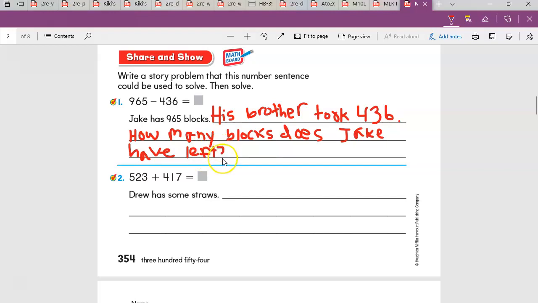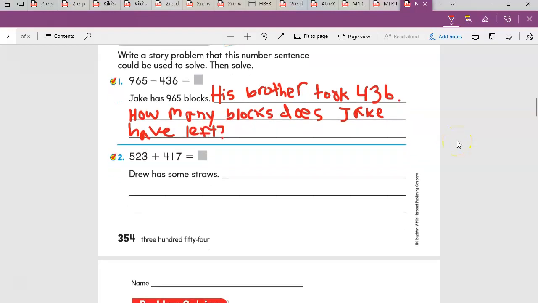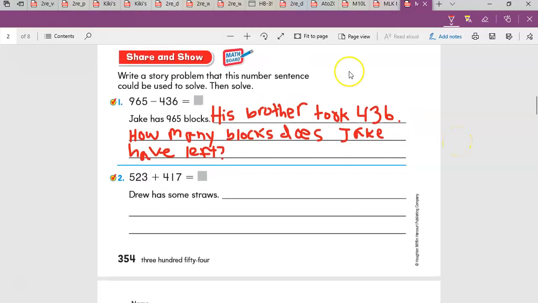So then you have to solve the problem. How many does he have left? So 965 take away 436 is what? 5 take away 6. Can you do that?